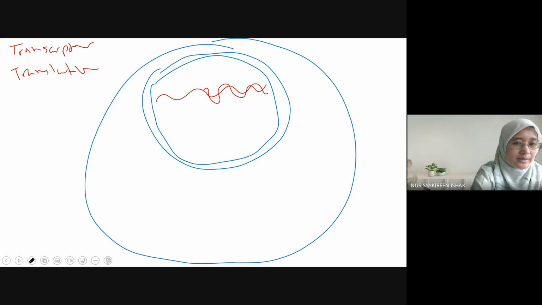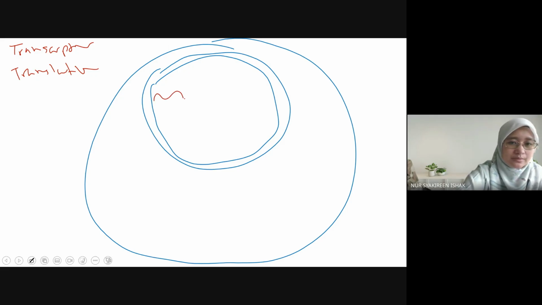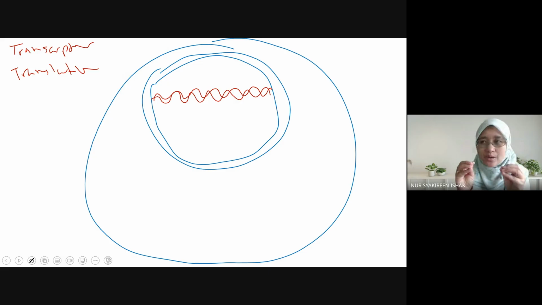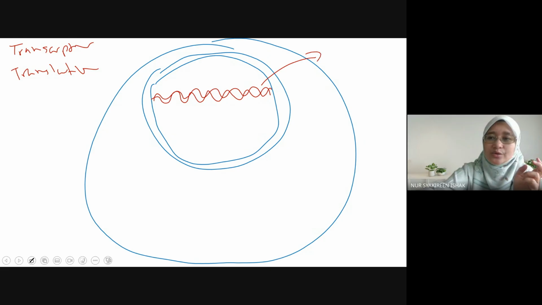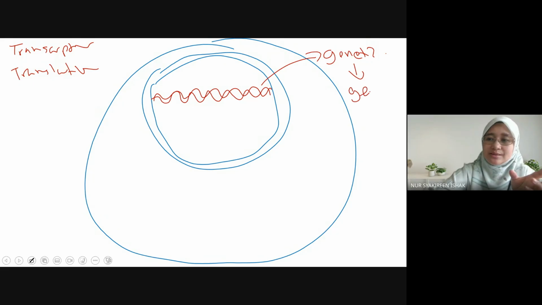This is just a fragment of the DNA inside your nucleus. The function of the DNA is to store your genetic information in the form of genes.